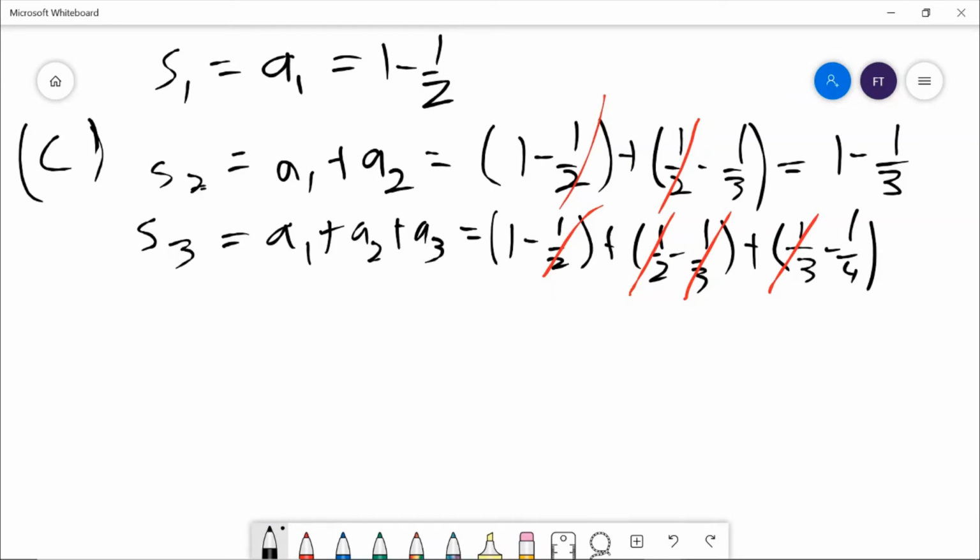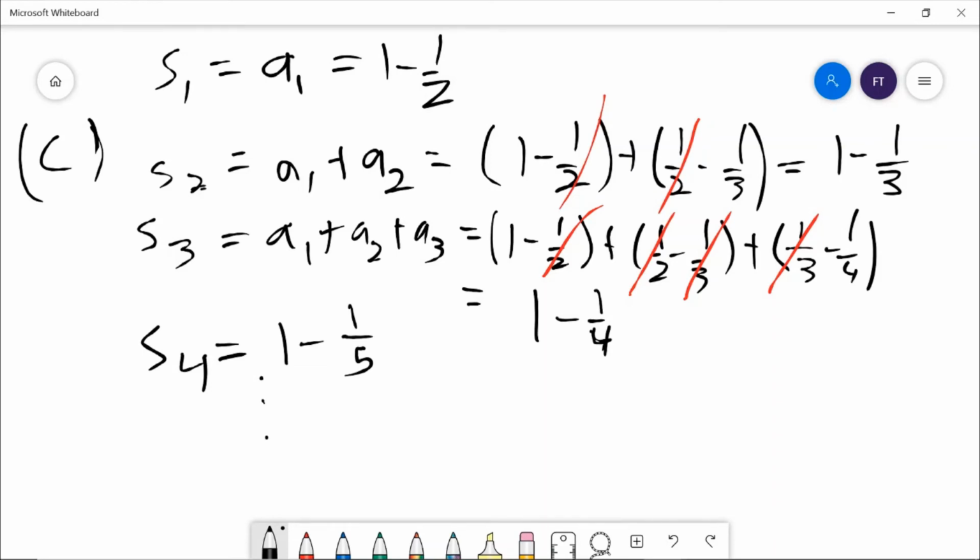There's nothing to cancel out the 1 or the 1/4, and so we get that this is 1 minus 1/4. Likewise, we can continue this. It turns out that our S4 is going to be equal to 1 minus 1 over 5, and so on.